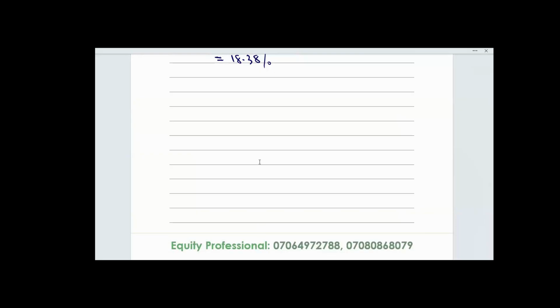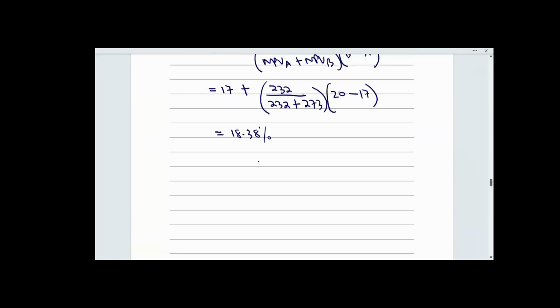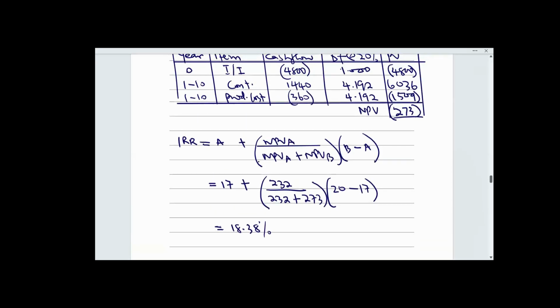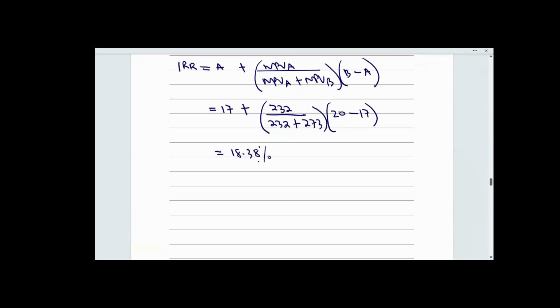It could be tax liability, scrap value or working capital. Whatever it is, it's the same formula you are going to use. So the most important thing is that you understand the concept, so however the examiner comes out, you'll be able to tackle it headlong. So let's move to the next one.